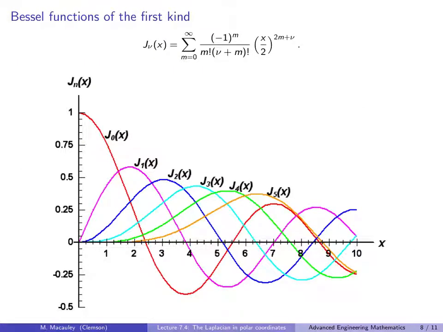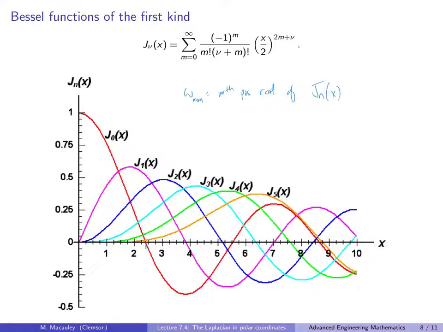Let's finish with a few pictures of Bessel functions and what these eigenfunctions in the disk actually look like. So recall from a previous lecture that this formula was what the Bessel functions actually were. Don't think about that too much. But pictorially, here's what the first 6 of them look like. And recall that omega_nm was the mth positive root of J_n of x.